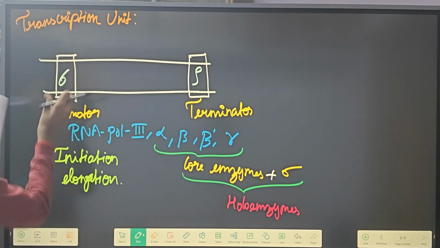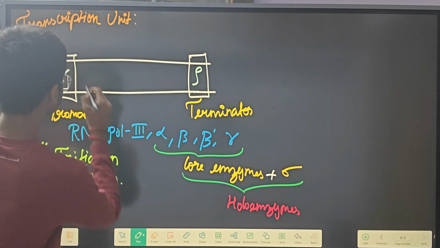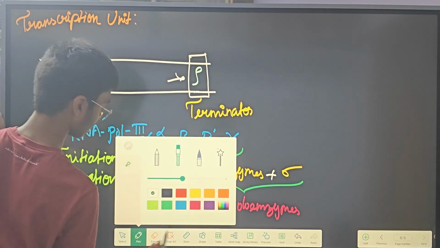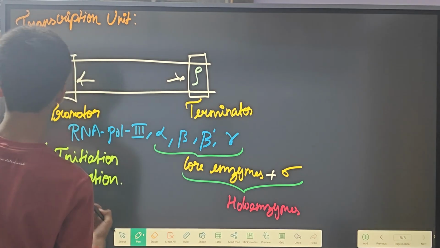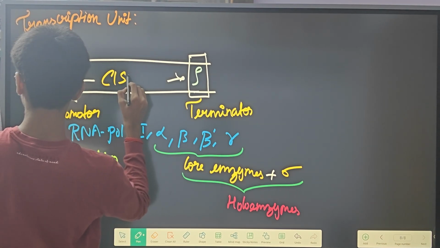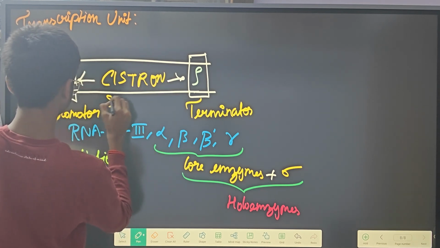This is the promoter, this is the terminator, and the remaining region is known as the cistron, also known as the structural gene.